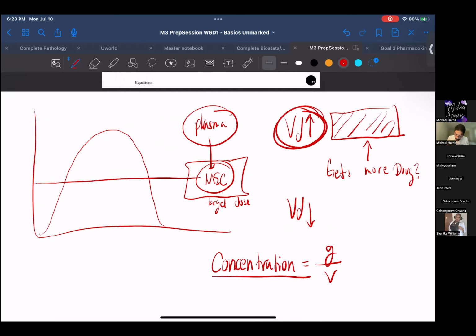Now, that's how much you give. Does that make sense? Volume times concentration, because this plasma is your concentration.